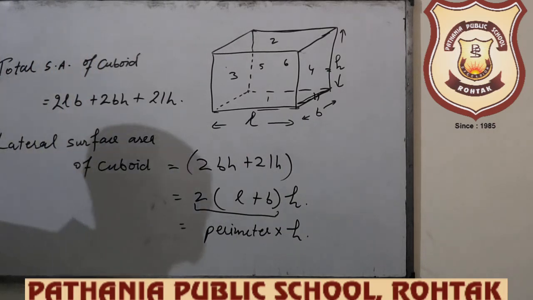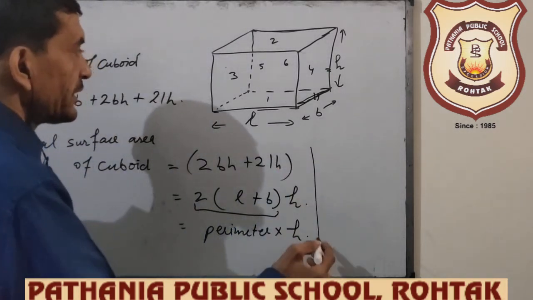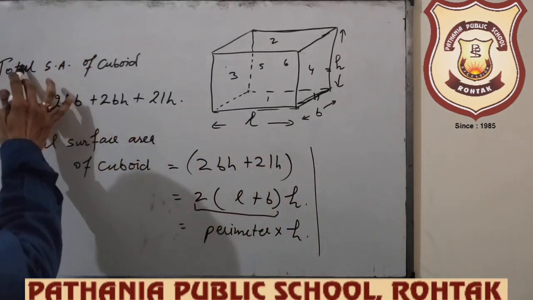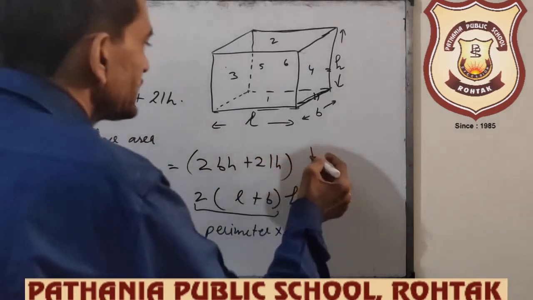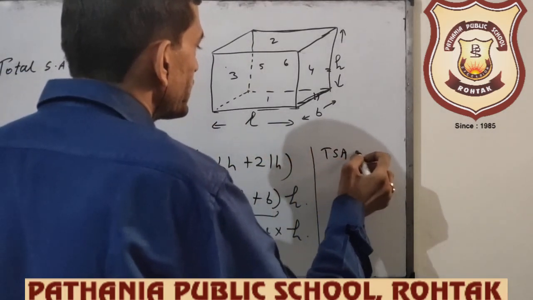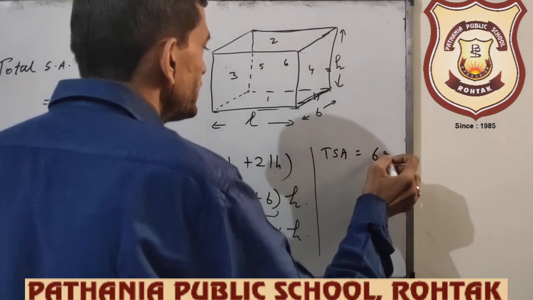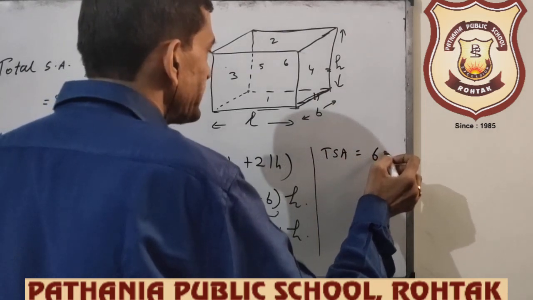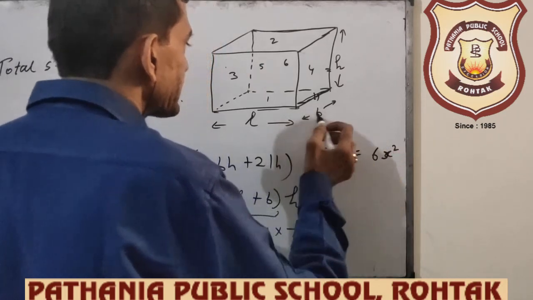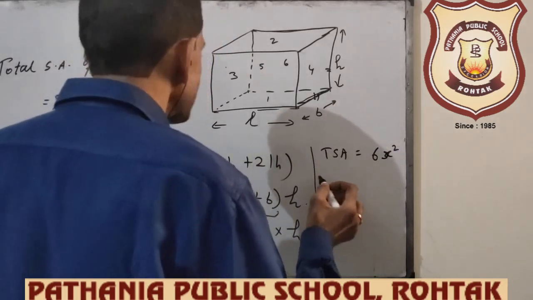But in case of cube, because all the sides are equal, the total surface area of cube is 6 into side square, edge square, 6x square, if length is x, breadth is x and height is x.